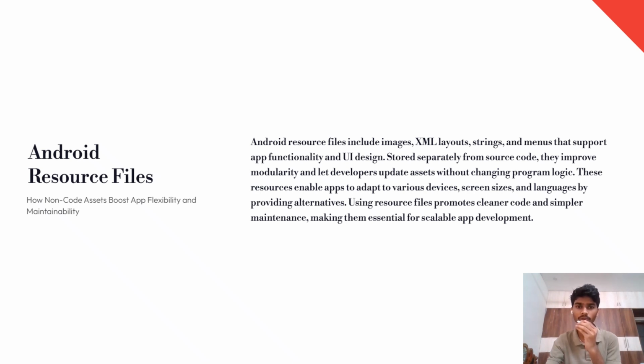Resource files also allow apps to adapt to various device screen sizes and languages by providing alternative assets for each configuration. The separation of resources from logic improves scalability and simplifies maintenance, which is essential for large long-term Android projects.